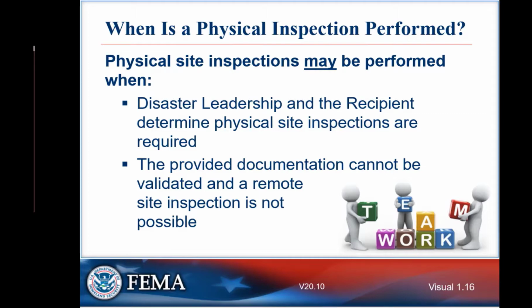So if you do not have documentation or you are unable to collect and record the documentation on those site inspection reports on your own, and you don't have the connectivity at a site because maybe you lost cell towers, maybe you're in a very rural area, and a remote inspection may not be substantiated, then a physical site inspection may be performed.